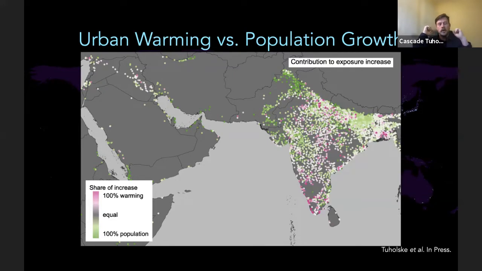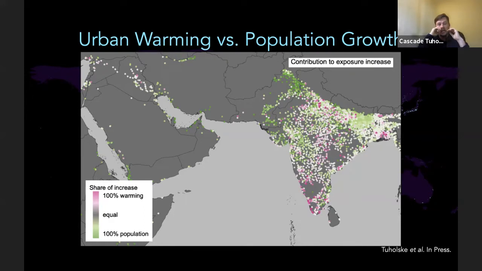So you remember our exposure metric is population times days per year with wet bulb globe temperature greater than 32 degrees. So if you hold population steady, you can look at the signal from just total urban warming, and vice versa, you can look at just the effect of population growth.